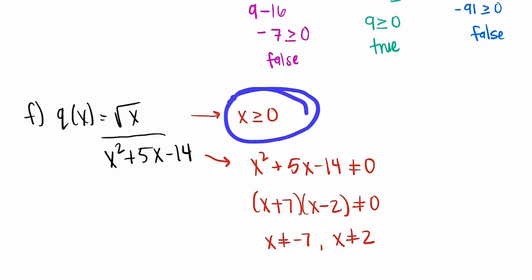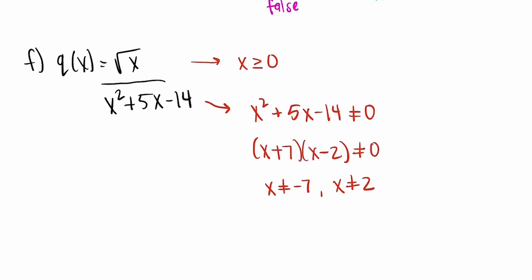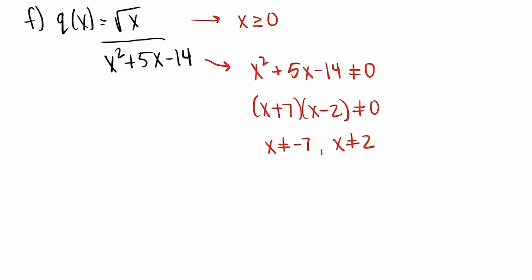So we've got several things going on. We know x is bigger than or equal to 0. X can't be those two numbers. Once again, I think it's helpful to put all of this onto a number line to help visualize what is happening. So the three numbers we had: negative 7, 0, and 2.